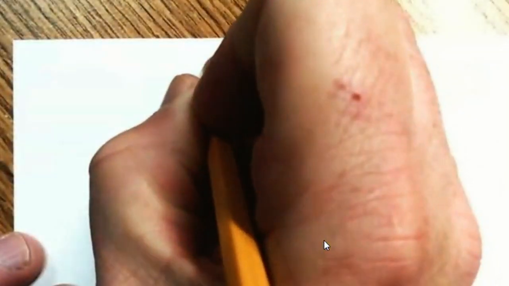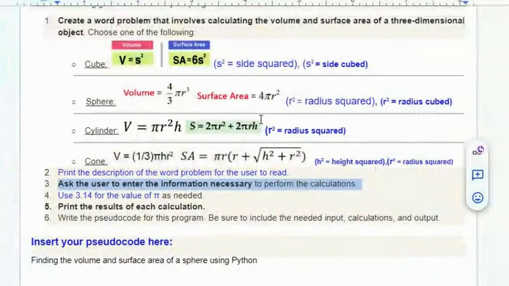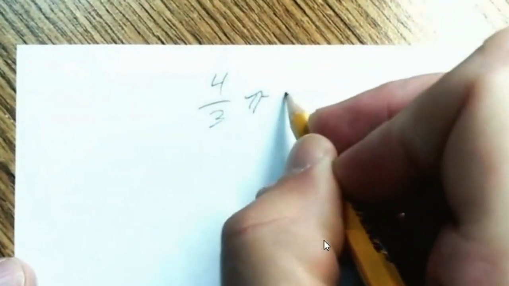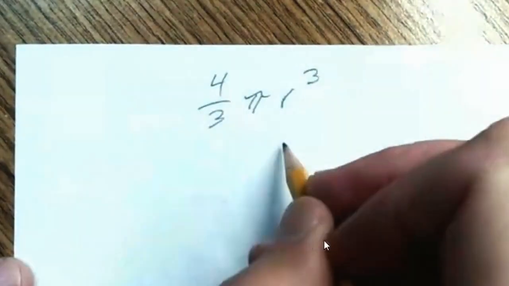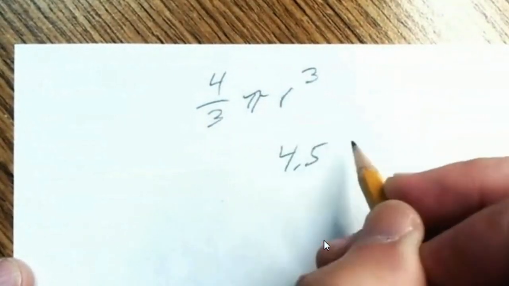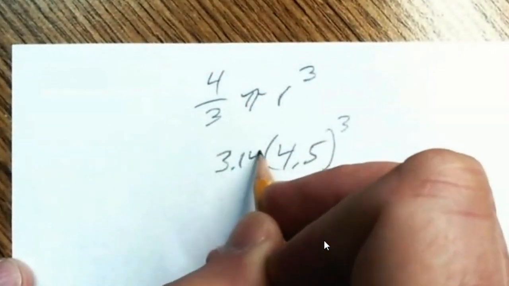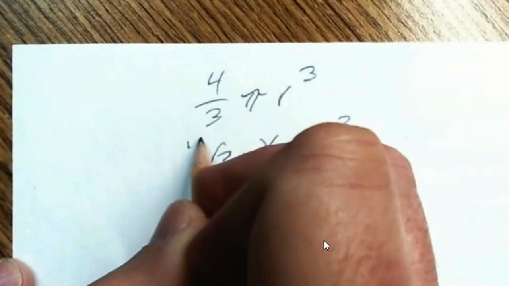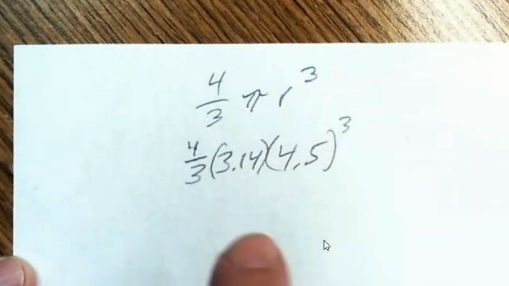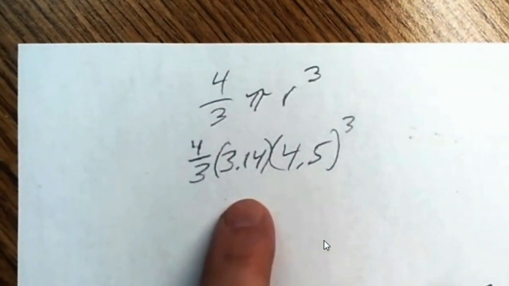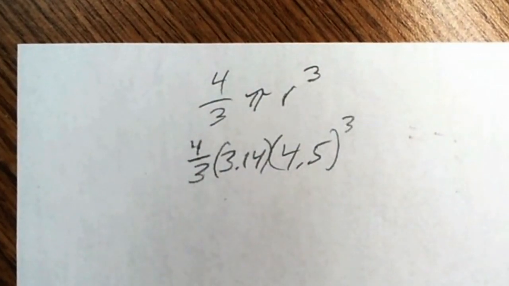Let's test it. It said the surface, no, was that the volume of the surface area? Volume is 4/3 pi times the radius cubed. So if the radius is 4.5, we should cube that. You use 3.14 for pi and multiply it by 4/3. So we'll see if you got the right calculation. So we'll get our calculator out here and see what your volume should be.